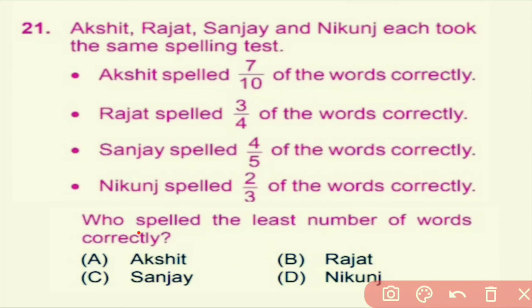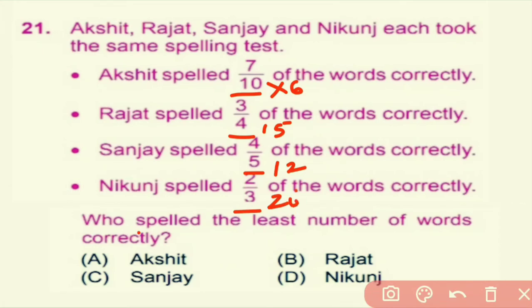So here we first make their denominator same for comparison. So here we find out the LCM of 10, 4, 5 and 3. LCM is 60. So here we multiply by 6, here by 15, here by 12 and here by 20.